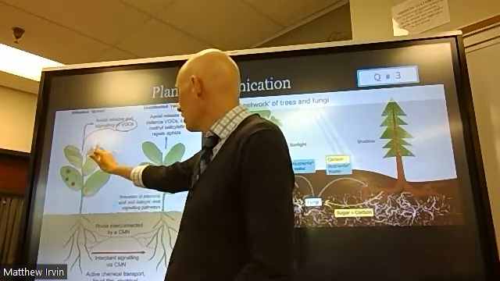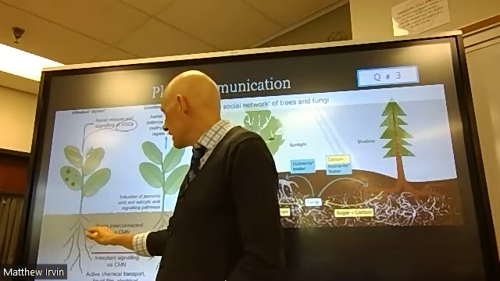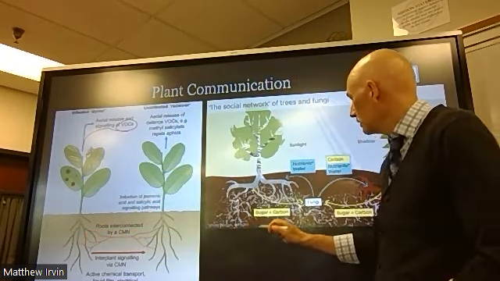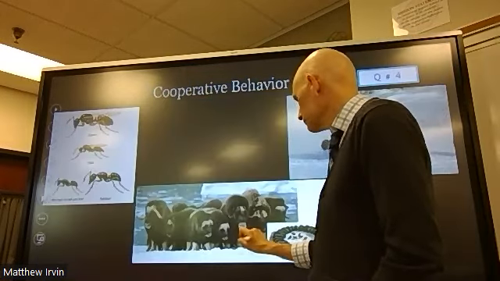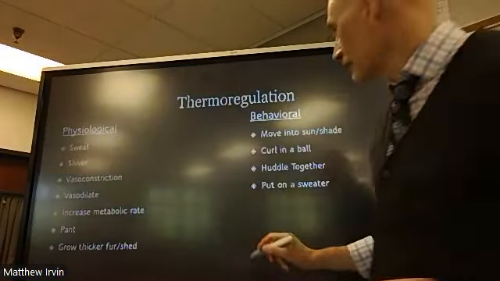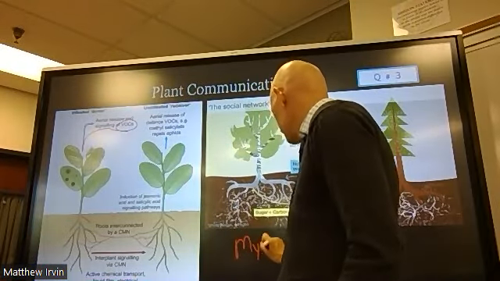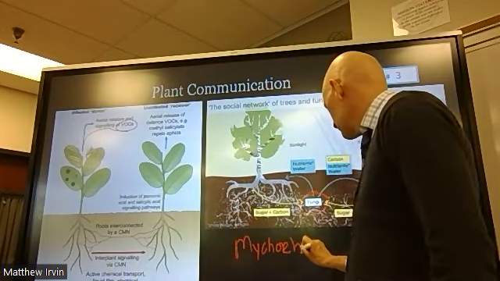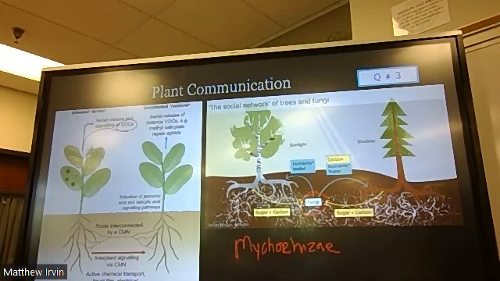And then they can also communicate those through their roots. They do that by the interconnecting mycorrhizae, the fungal network. That's the symbiosis between fungi and plant roots, where the fungus helps the plant absorb more nutrients.